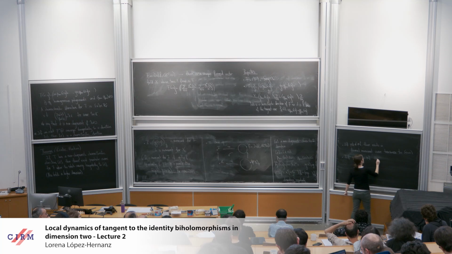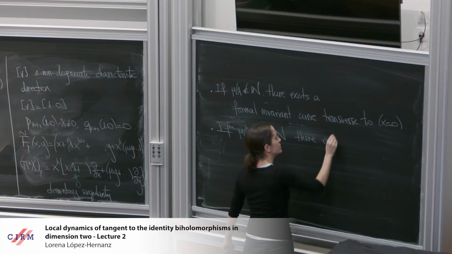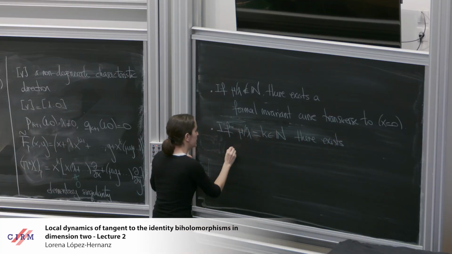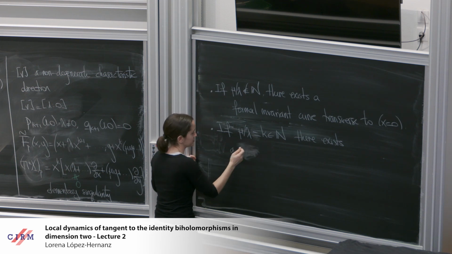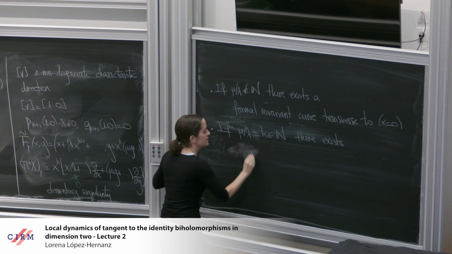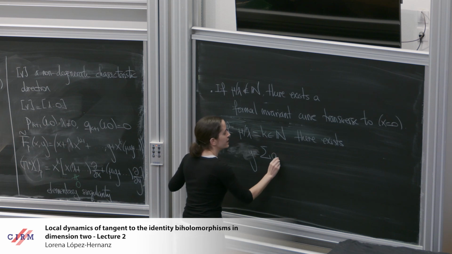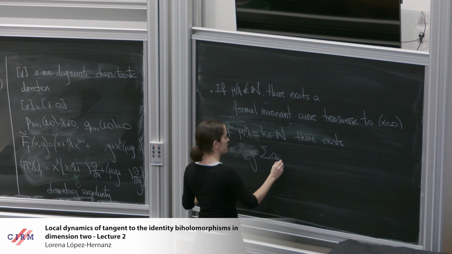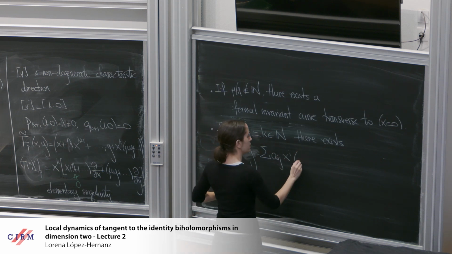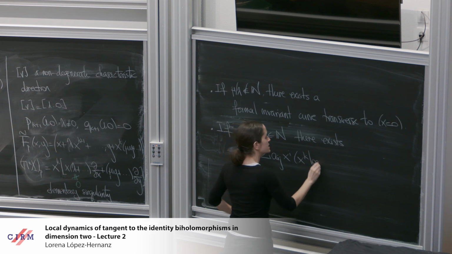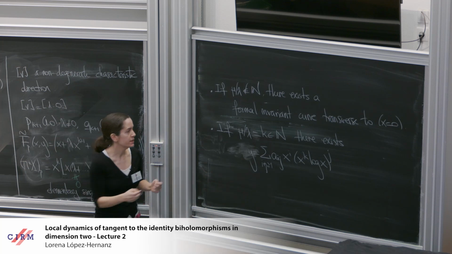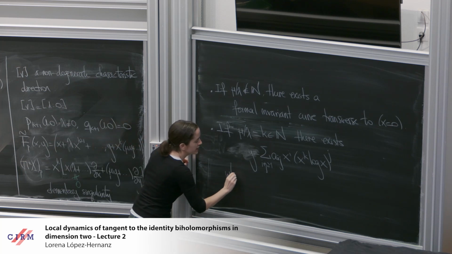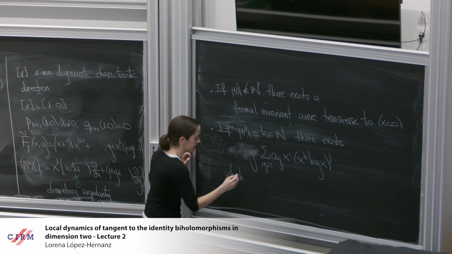There always exists a formal generalized curve of the form the sum of a_{ij} x^i (x^k log x)^j, which is invariant. And again, it would be analytic if the vector field were analytic.